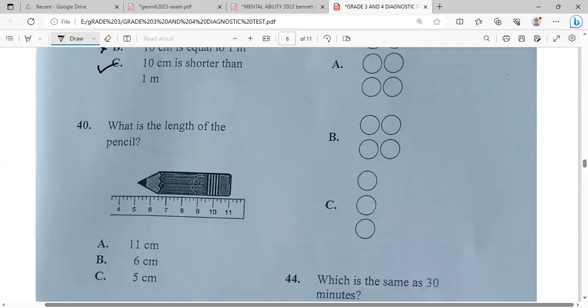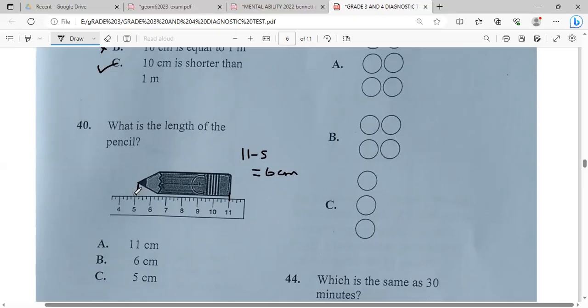All right, let's move on to 40. What is the length of the pencil? All right, so basically we can see that we start here. Let's just assume it's as 5 and we're gonna end at 11. So we could say 11 minus 5 is equal to 6. Let's check another method to see. We could say from 5 to 6, that's 1.